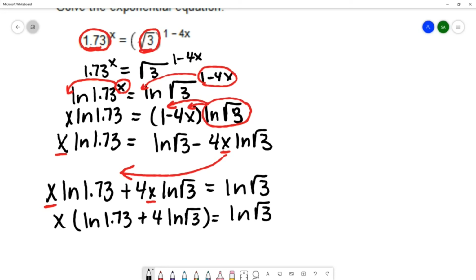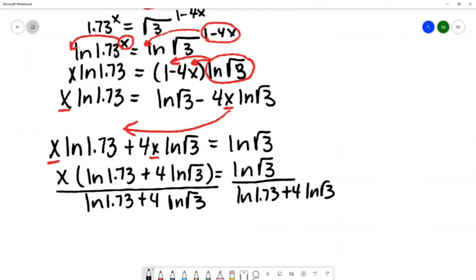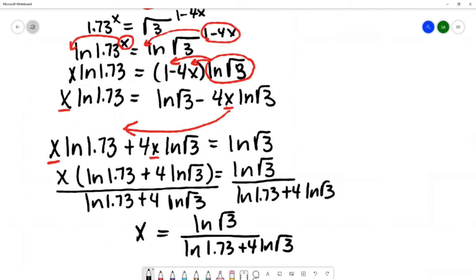And now I'm able to isolate x by dividing both sides by natural log of 1.73 plus 4 natural log square root 3. So this is going to give x equals natural log square root of 3 over natural log 1.73 plus 4 natural log square root 3.